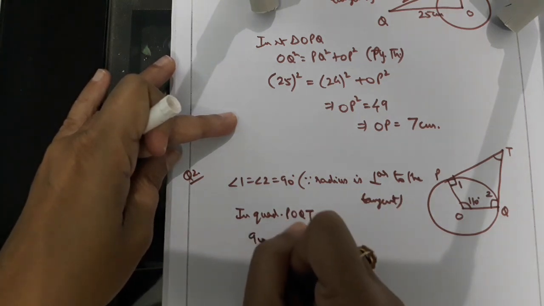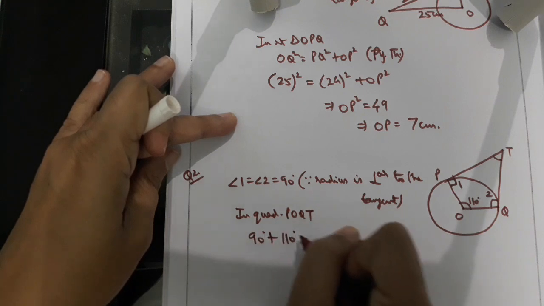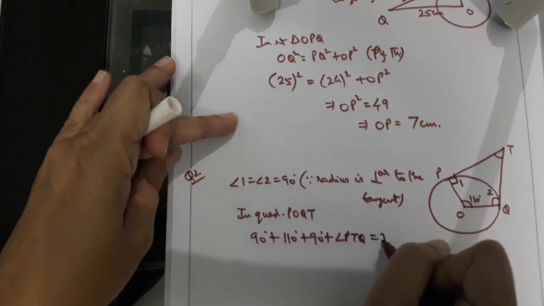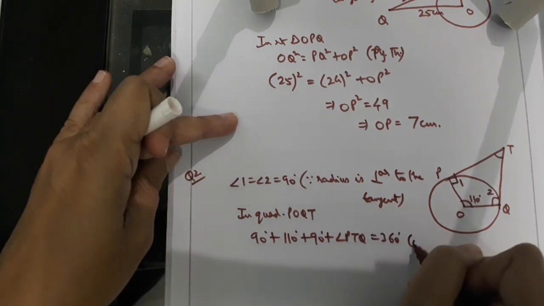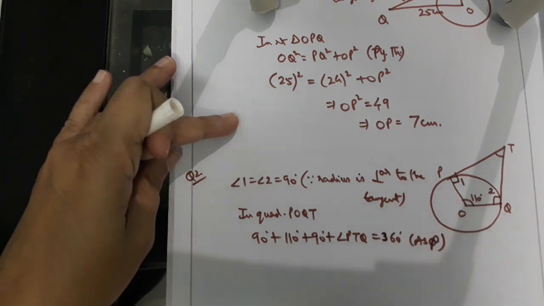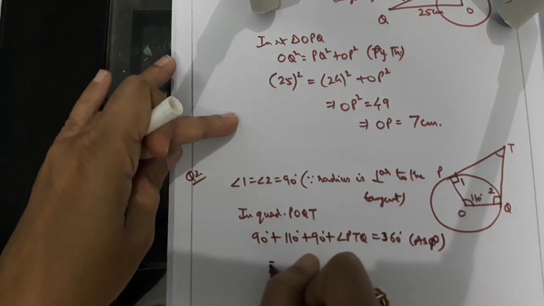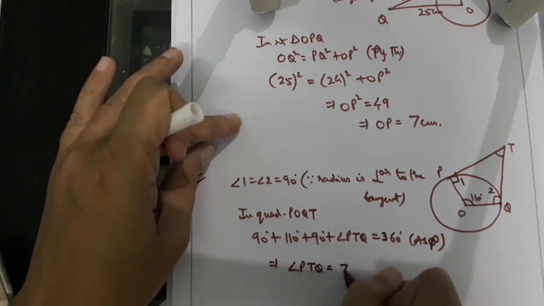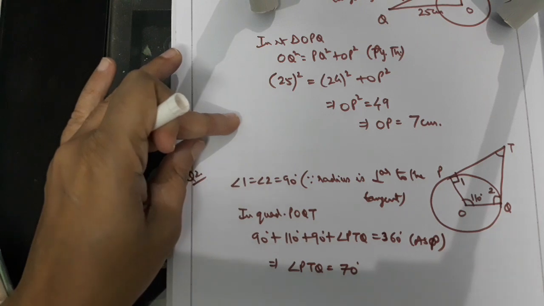So we obtain 90 degrees plus 110 degrees plus 90 degrees plus angle PTQ is equal to 360 degrees by the angle sum property of a quadrilateral. So from here we will obtain that angle PTQ comes out to be of measure 70 degrees.